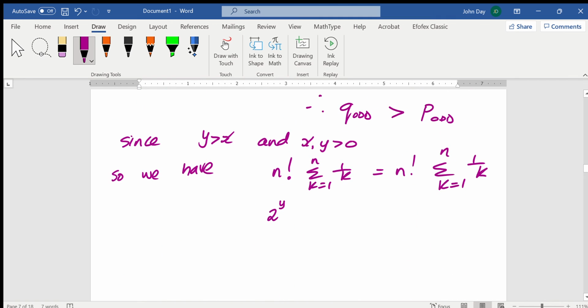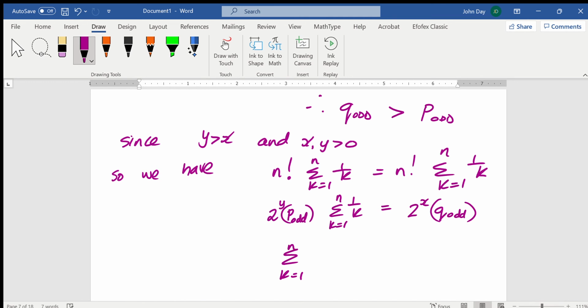That's what n factorial is, 2 to the y times p, which is an odd number. That n factorial is timesing by the summation that we want on the left. And on the right, this all works out to be 2 to the x times some odd number q. So the summation that we are looking to evaluate is equal to 2 to the x times q odd on 2 to the y times p odd.